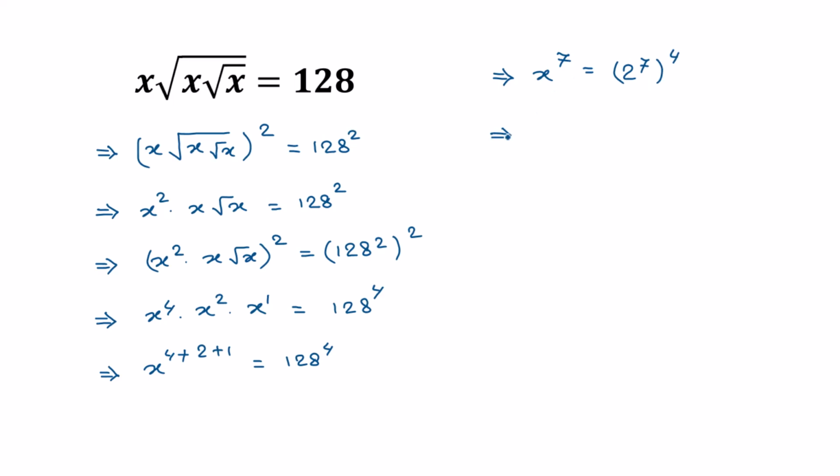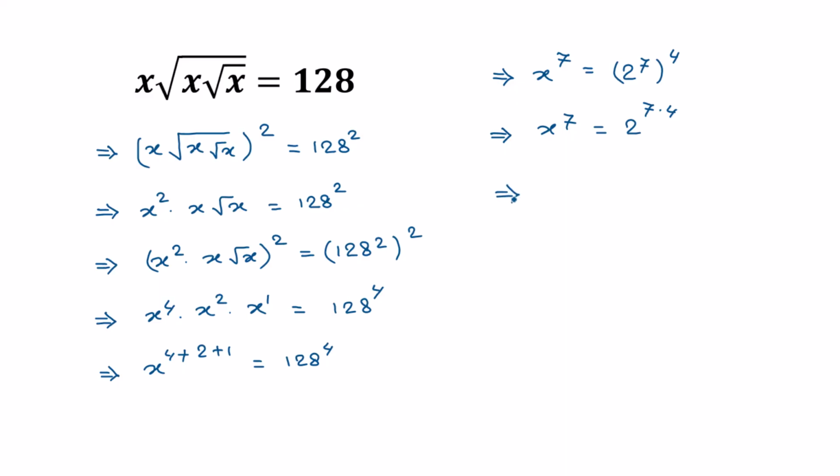Or left side x to the power 7 is equal to 2 to the power 7 to the power 4. According to exponential formula, we can write 2 to the power of 7 times 4. Now raising both sides power by 1 over 7 to remove this 7, so that we can find the value of x.